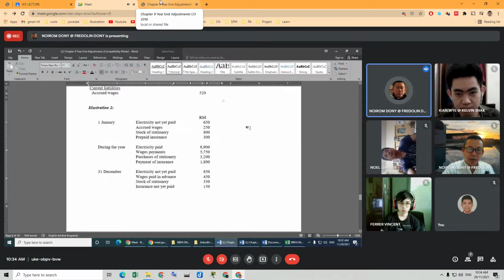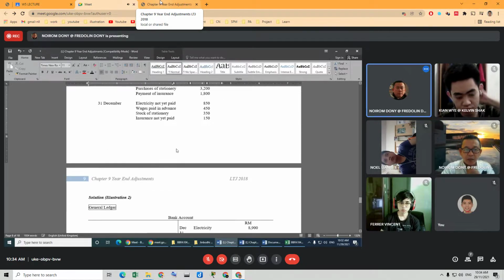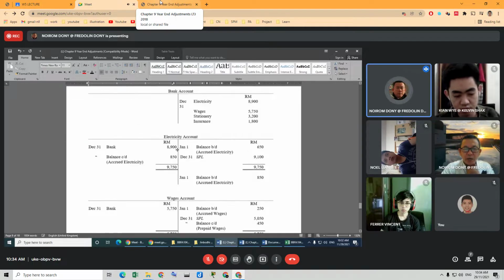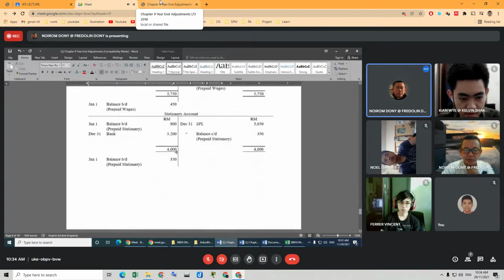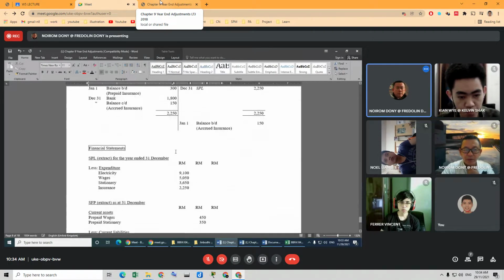Okay, let's try this one, illustration number 2. So this is opening balance, and this is the payment, and then this is closing balance. So we are doing the one stage method also.